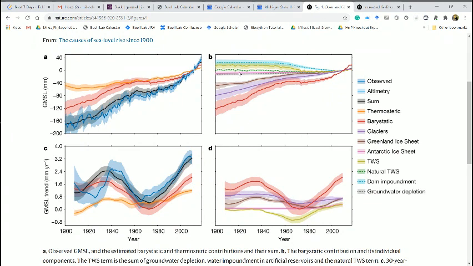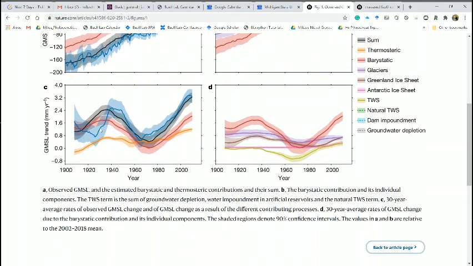So kind of surprising that the Antarctic ice sheet doesn't seem to be contributing that much, perhaps that's what it means. But can see how a couple of other measures of sea level rise or causes are increasing over time.